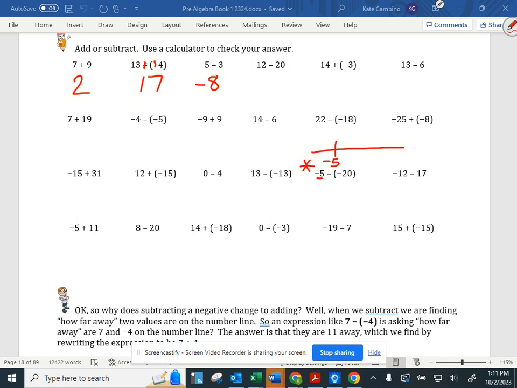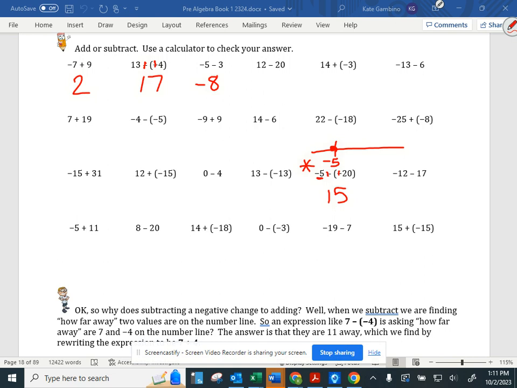So that first number tells me where to start. And then if I subtract a negative, James, what does that mean to subtract a negative? We're going to add the positive. So if I'm starting at negative 5 and I'm adding 20, where am I going to end, Emerson? Yeah, I'm going to end at positive 15.